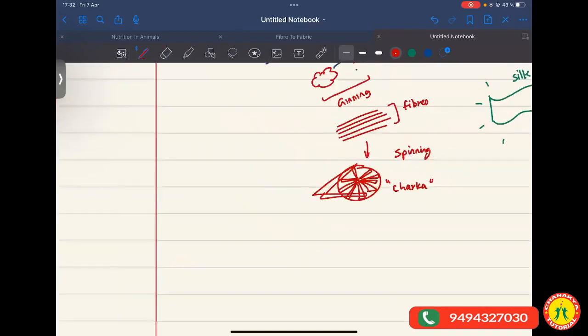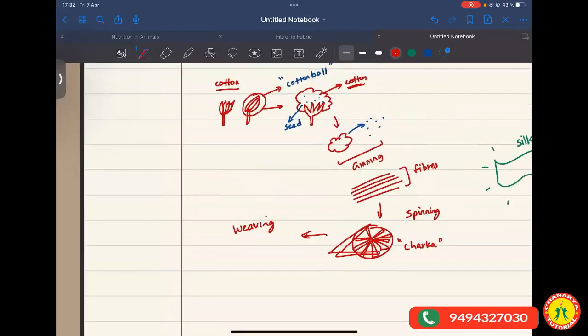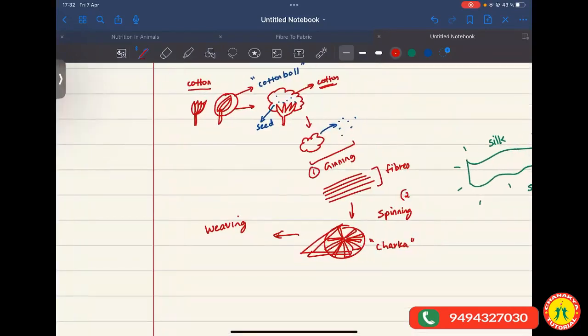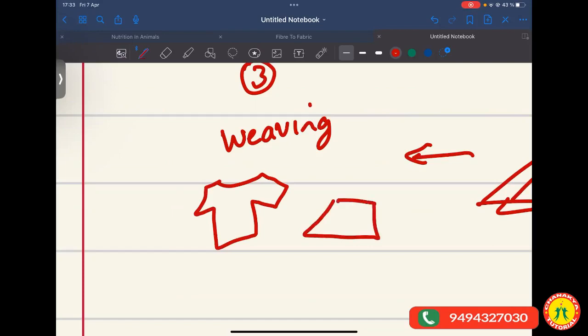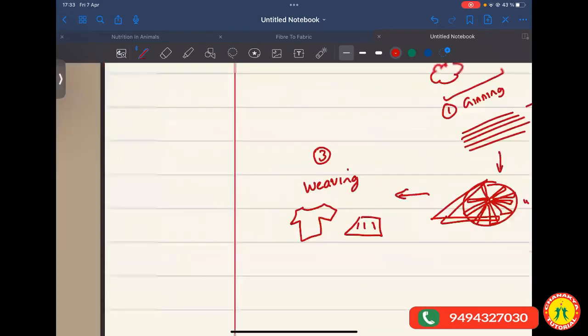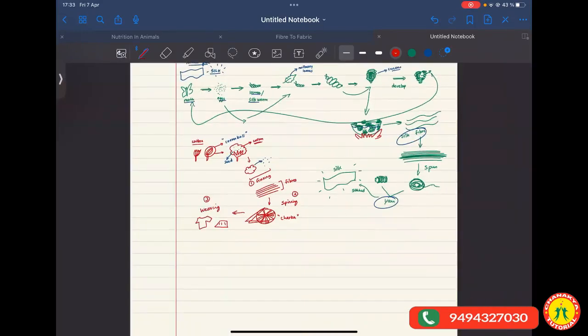And after spinning, weaving takes place. So first is ginning, second is spinning, third is weaving. Weaving takes place where all your pretty cotton clothes are woven. They are stitched. All right, this is how cotton is extracted from the cotton plant.